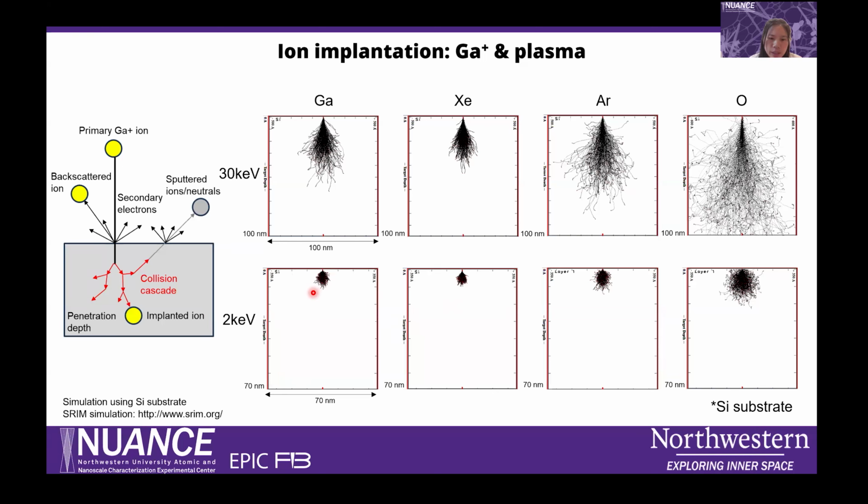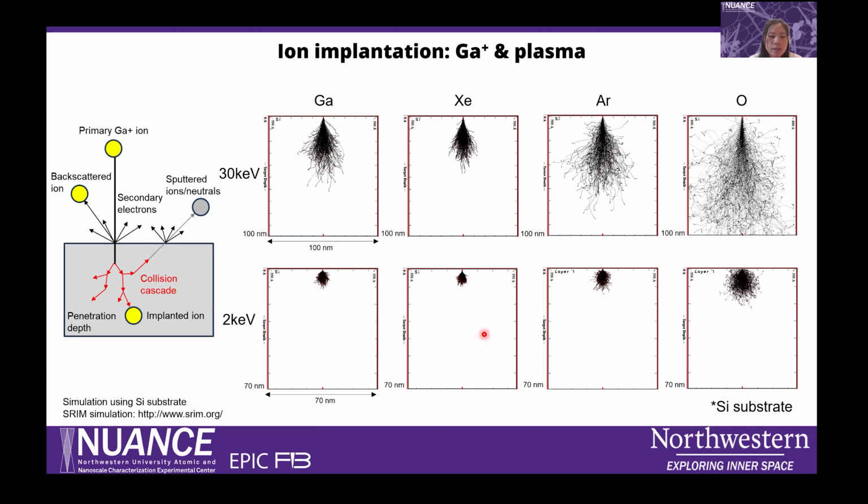It falls lower than 10 nanometers, and argon and oxygen also decrease a lot. So by tuning both the ion type and accelerating voltage, we can balance precision and minimum damage.